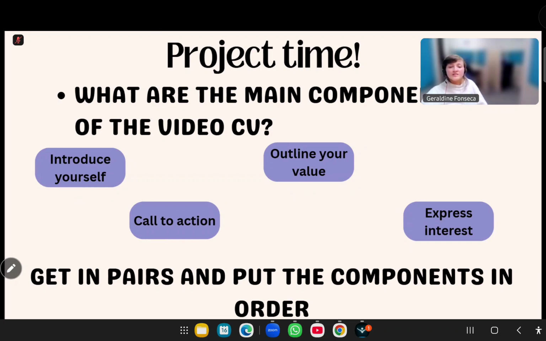So what is going to be your task? Your task is to put these components and these parts in the correct order. That's it. Okay. So in 3 minutes, no more than that, you are going to get in pairs. You are going to analyze these four components that I put here.